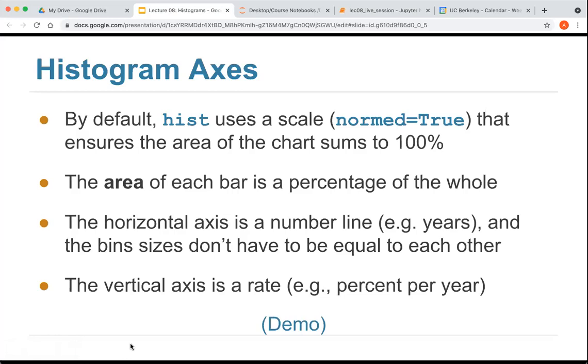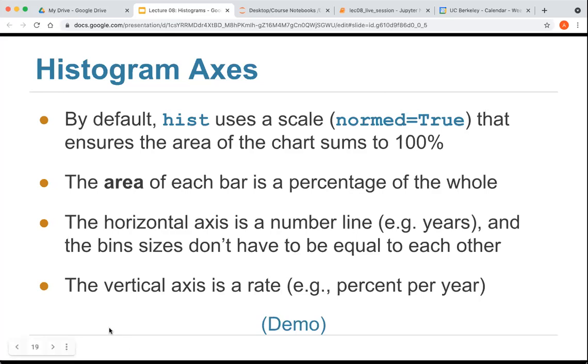We said that in a distribution, the percents have to add up to 100%. In a histogram, the percents are areas, therefore the areas have to add up to 100%. The horizontal axis is simply a number line. Now, what is the vertical axis? The vertical axis is a rate. It is a percent per year.